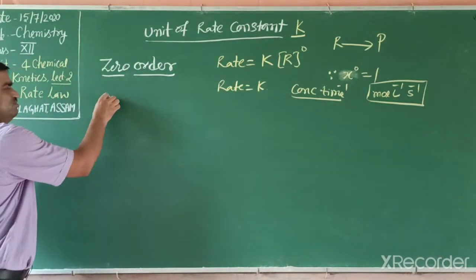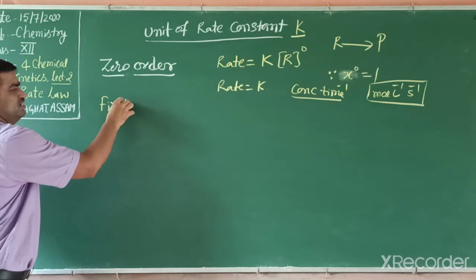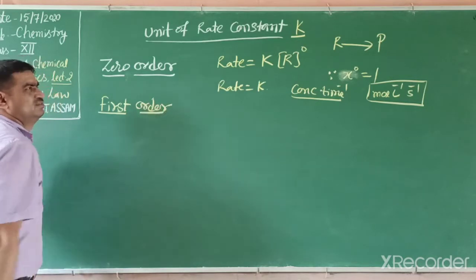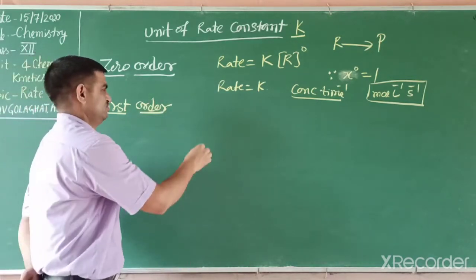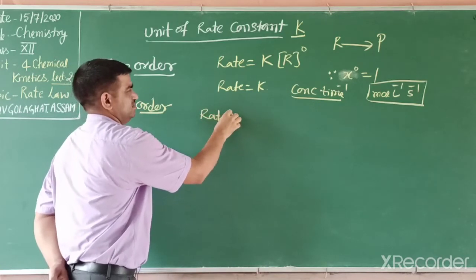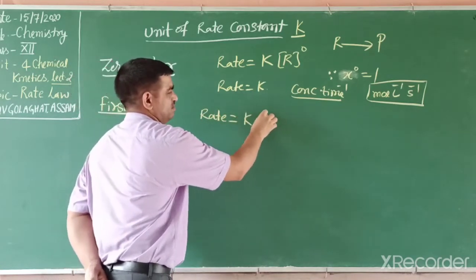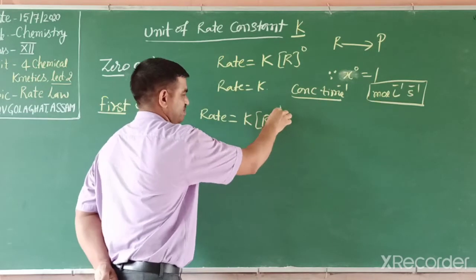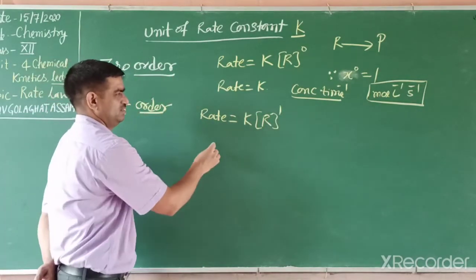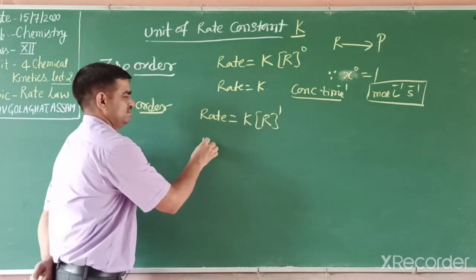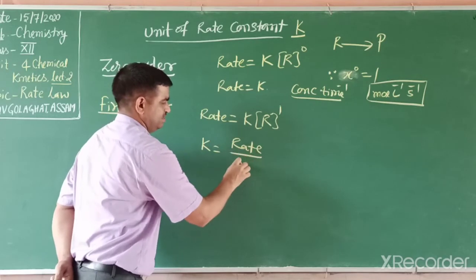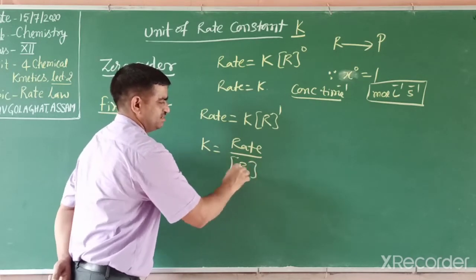Then we write first order. What is the unit for first order? What do you mean by first order? First you write rate is equal to K R power 1 for first order. Then what is the unit of rate constant? K is equal to rate by concentration of reactant.